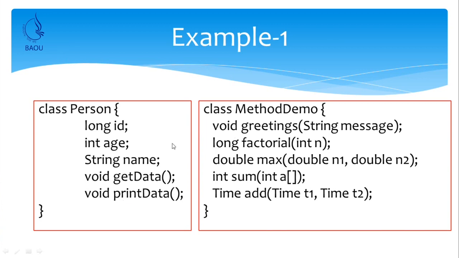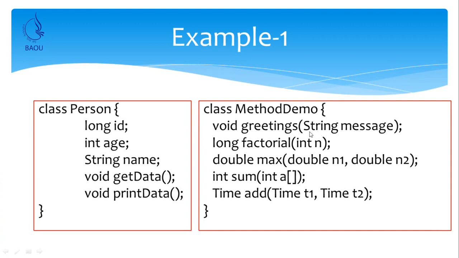Now, we write down this program so that you can better understand how these methods work. Another class we are going to write down is method demo, and it simply defines different methods. This first method has a return type void, its name is greetings and it prints the message provided as an argument.